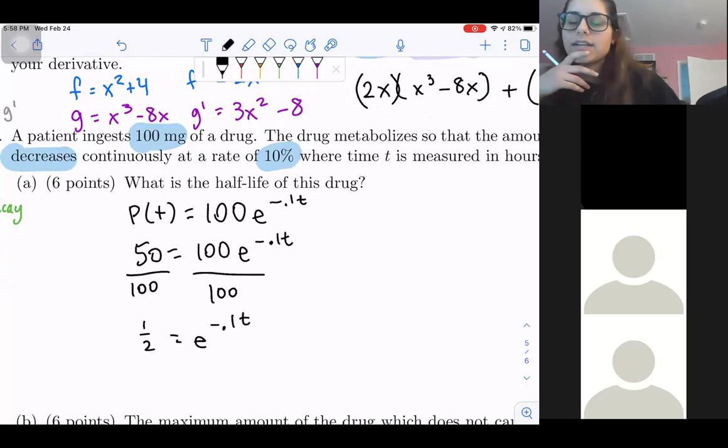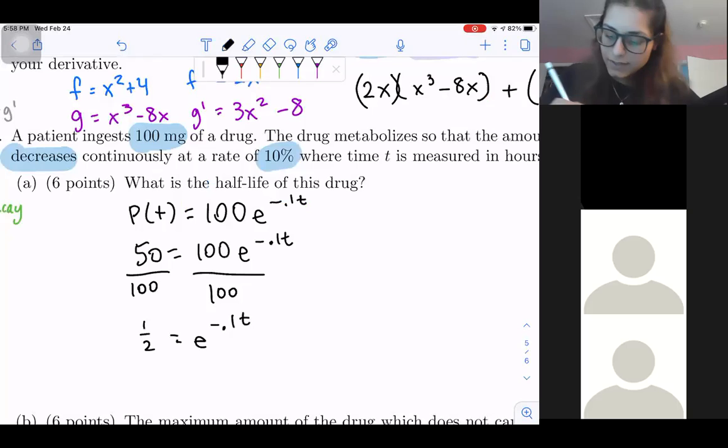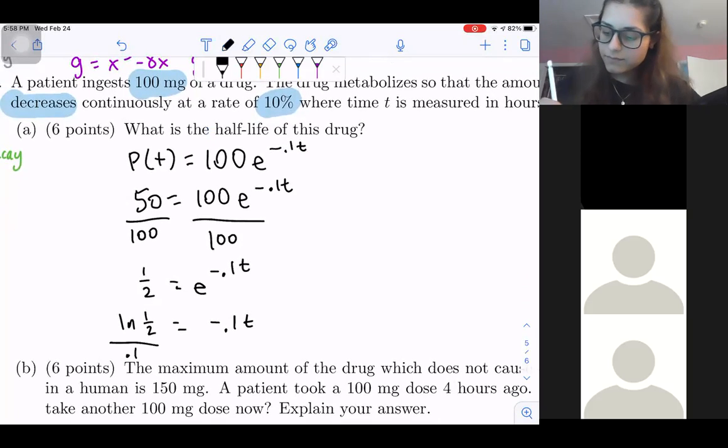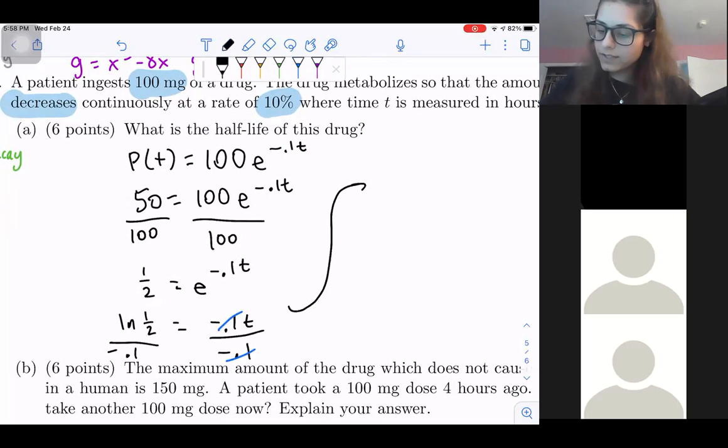And then I'm going to take the natural log of both sides to get that t out of the exponent. So natural log of 1/2 equals negative 0.1 t. And then I'll divide both sides by negative 0.1, so we'll get rid of that. So we should have t equals natural log of 1/2 over negative 0.1.